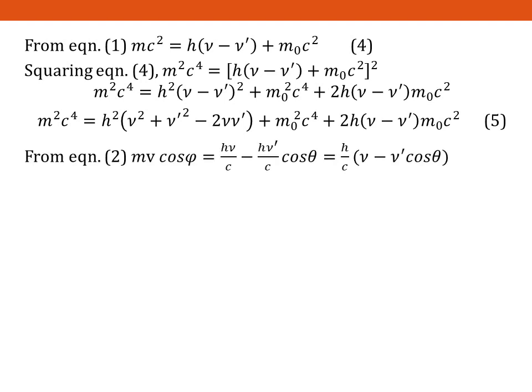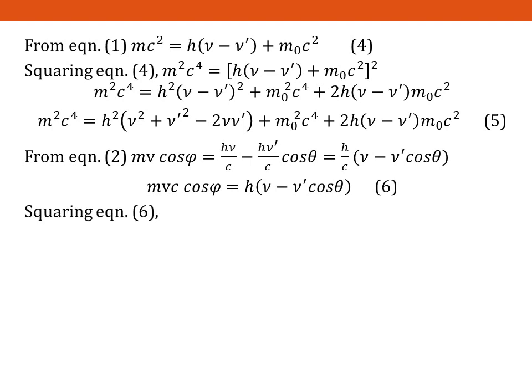We use equation 2 now, which is mv cos φ = hν/c − (hν′/c) cos θ. Taking the common term h/c out, we have (h/c)(ν − ν′ cos θ). We take c to the LHS. We have therefore mvc cos φ = h(ν − ν′ cos θ), which we call as equation 6.